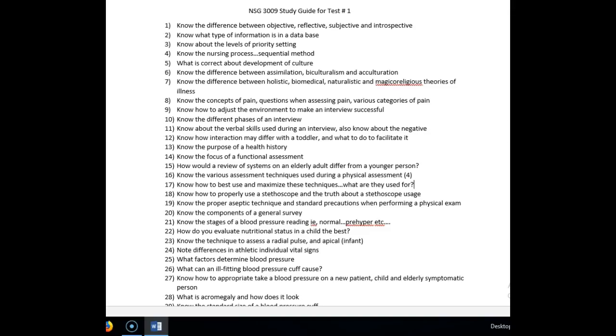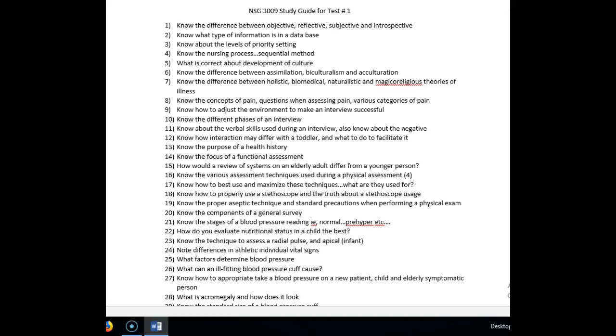Okay. Know the focus of a functional assessment. The purpose of a functional assessment, basically what it does, is it measures a person's ability to administer their self-care. On a real general level, can they bathe themselves?